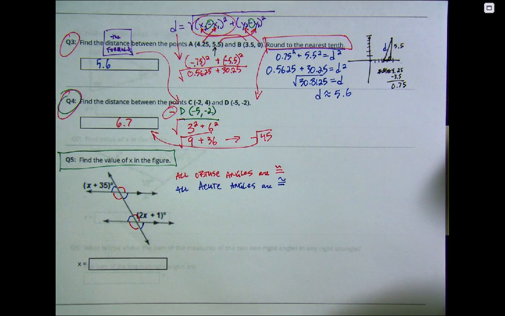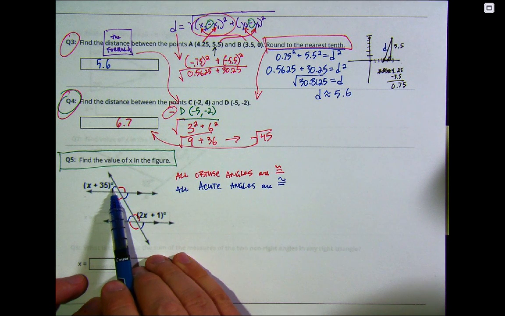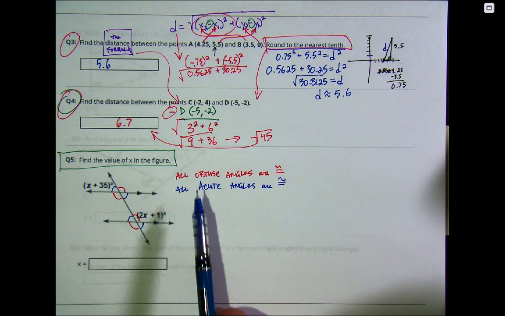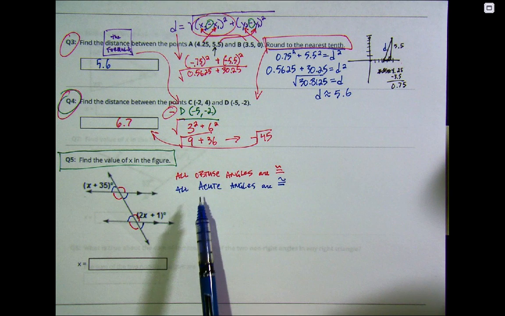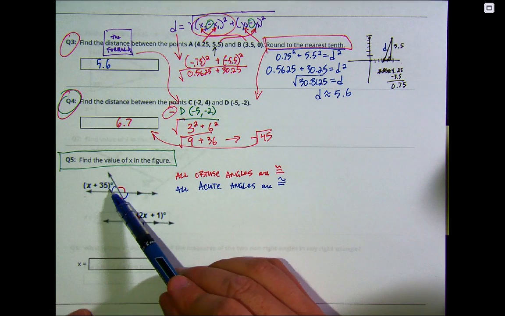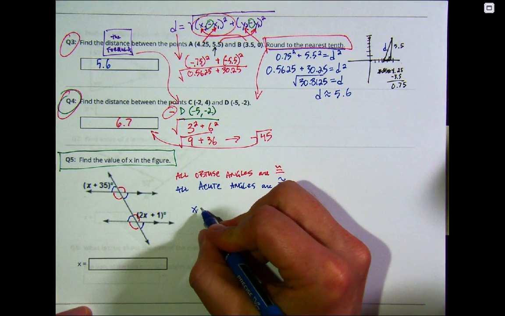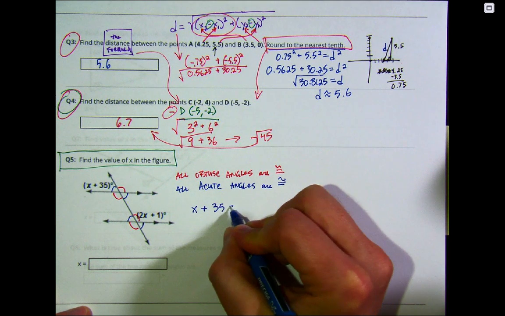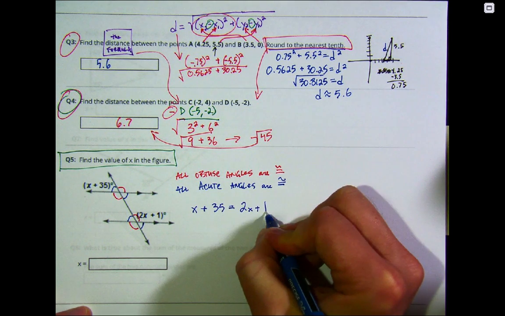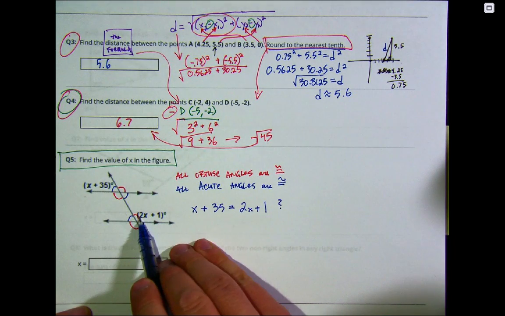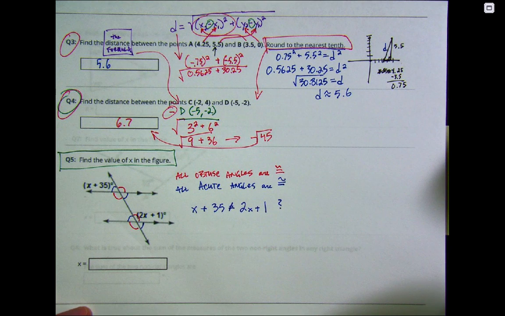So we need to look at this angle right here and this angle right here, and we need to decide, are they acute or obtuse? Well, this one is acute, but this one is obtuse. So are they equal to each other? No, because this one's less than 90 and this one's more than 90. They're not equal to each other.